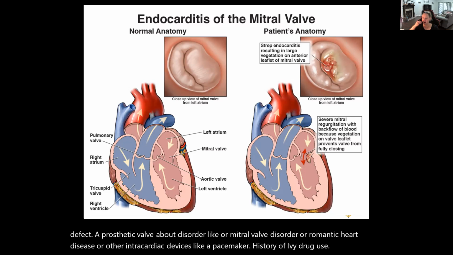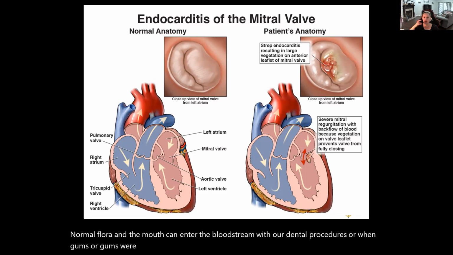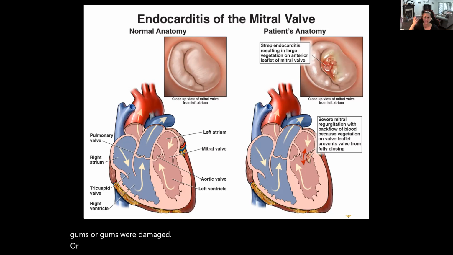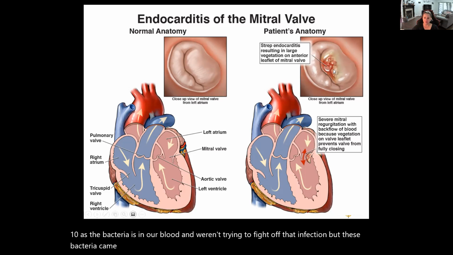Normal flora in the mouth can enter the bloodstream with dental procedures or when our gums are damaged, or with any infection that we get systemically throughout our body. The bacteria are in our blood and we're trying to fight off that infection, but these bacteria can settle into those places where we have defects in our heart, and then it can cause all this bad stuff.